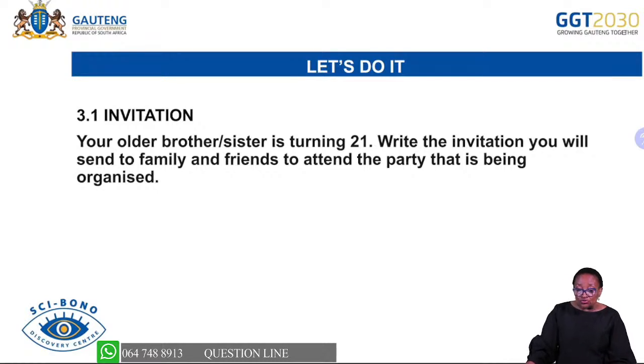You also need to include the dress code. And lastly, you need to check if the language is suitable for the text. Remember, vocabulary informs language, language determines the tone. So you need to check that.